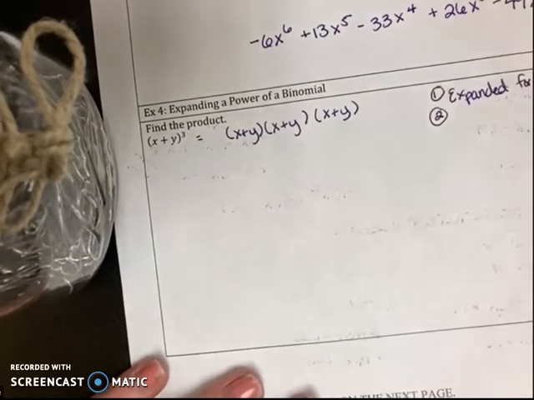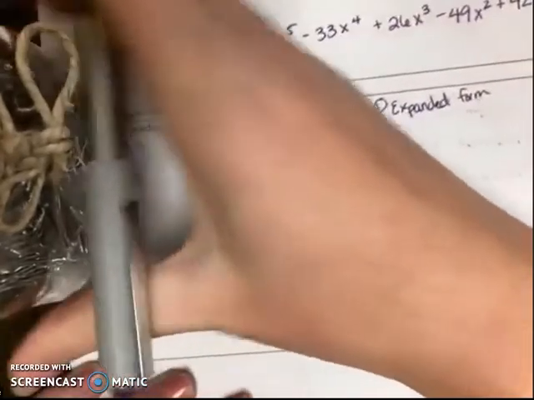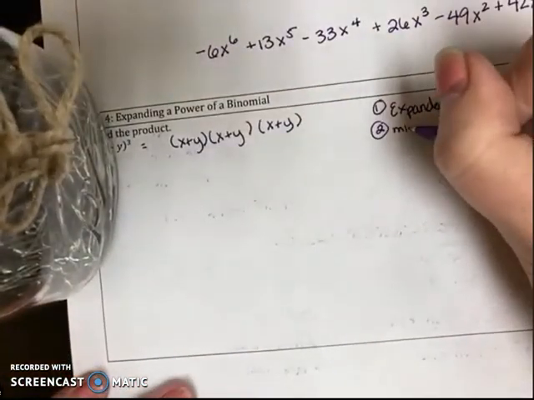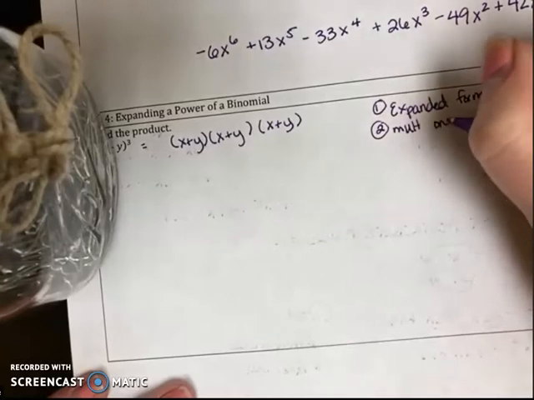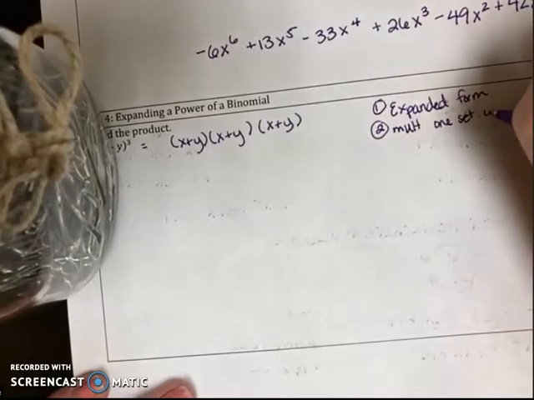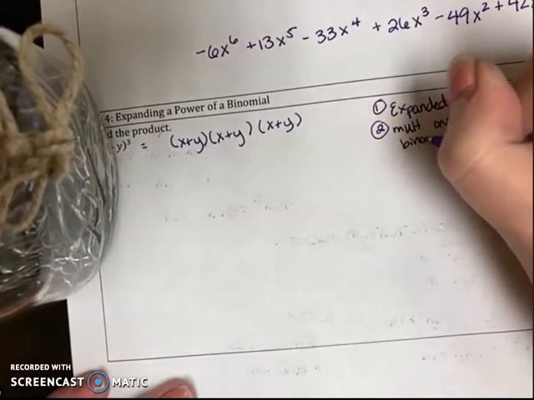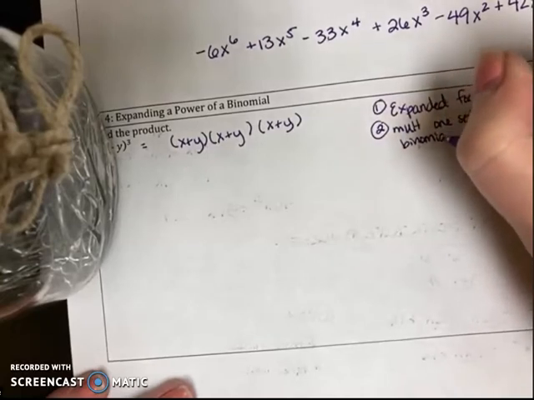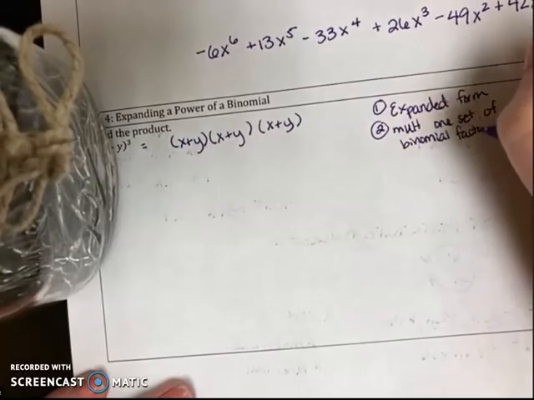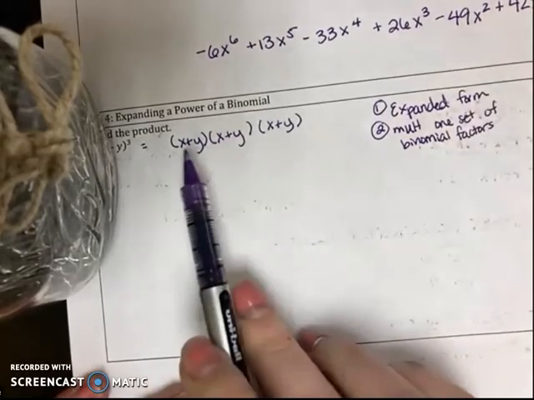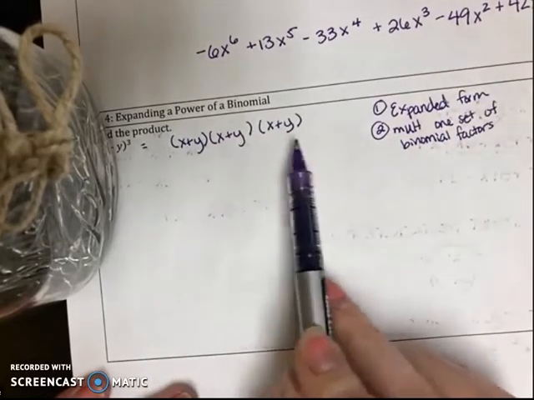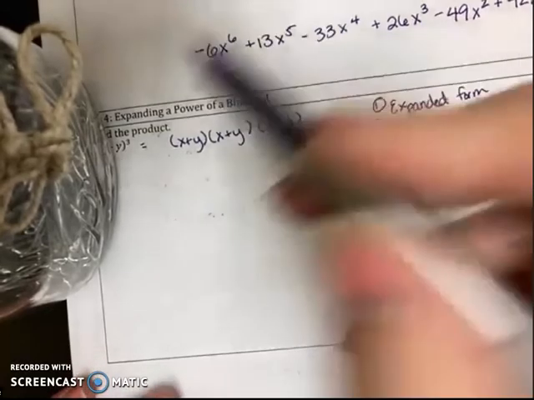Step 2 is going to be multiply one set of binomial factors. It doesn't matter if you want to multiply the first 2 or the last 2. I'm just going to go ahead and pick the first 2.